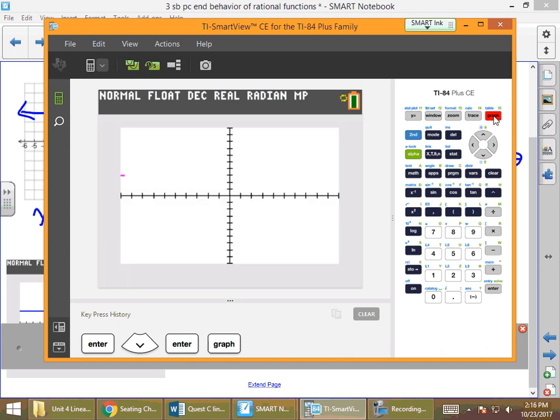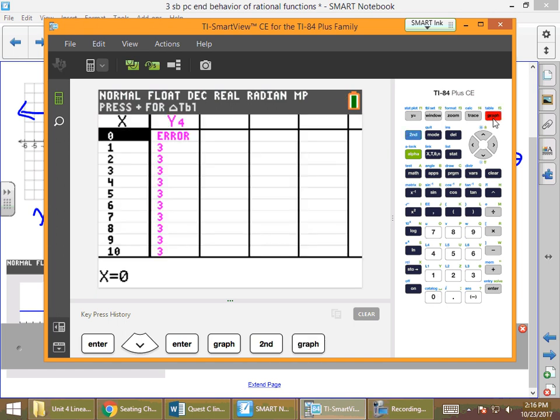If there's the picture, look at the table. As we go down our x table, 1, 2, 3, 4, 5, 6, 7, 8, 9, 10, what's happening to y every single time after 0? It's always going to 3.